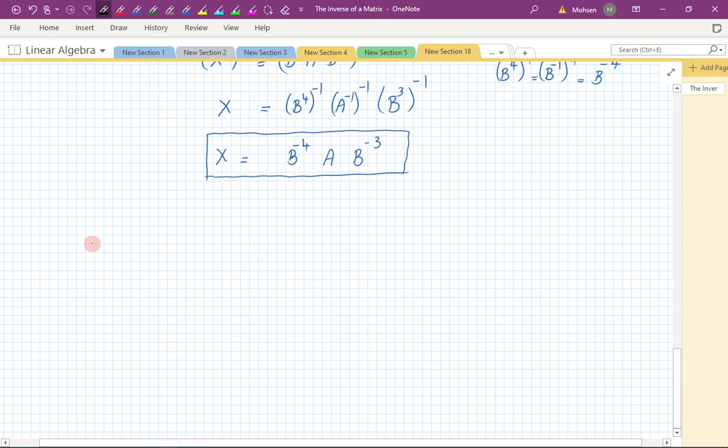So first of all, one thing we saw is that the inverse of the inverse is the original matrix. That's not a big surprise. Then the inverse raised to a positive exponent like 2, 3 and so on is the same as raising to that exponent and then finding the inverse.